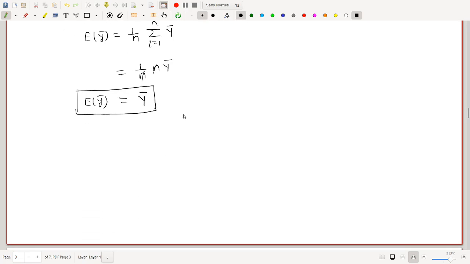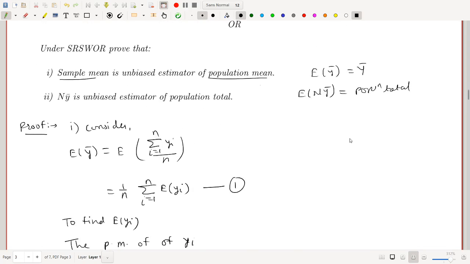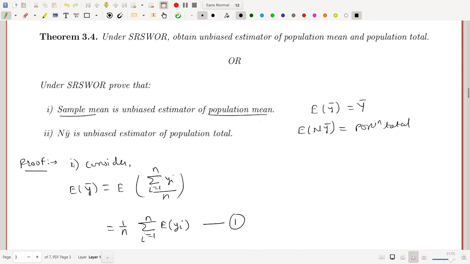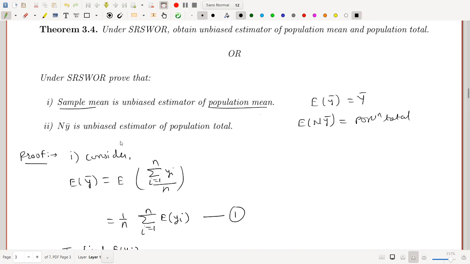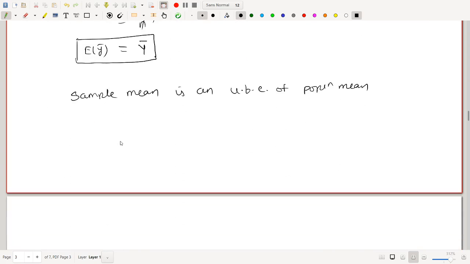This means sample mean is an unbiased estimator of population mean. So first one is over. Want to prove second one, means take expected value of n into y bar and prove that is equal to population total, means n into y bar is unbiased estimator of population total. So consider second one.